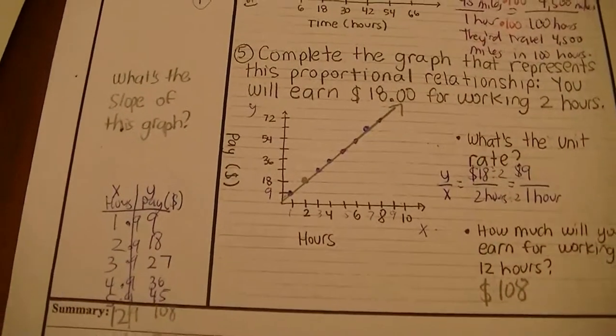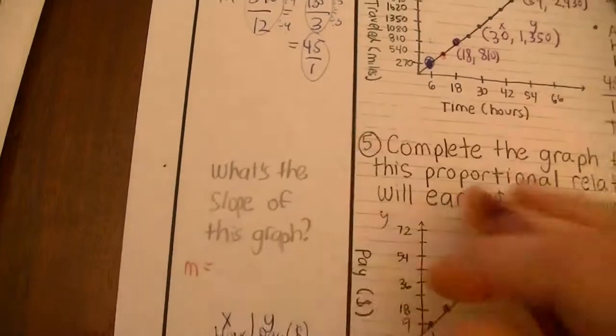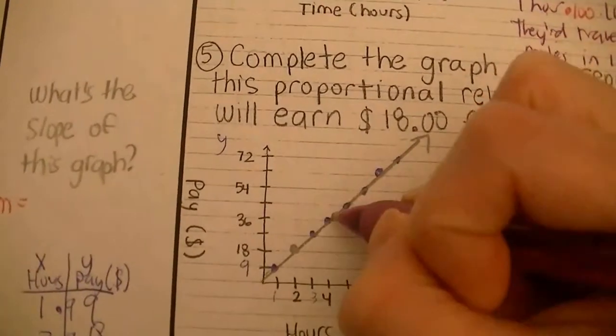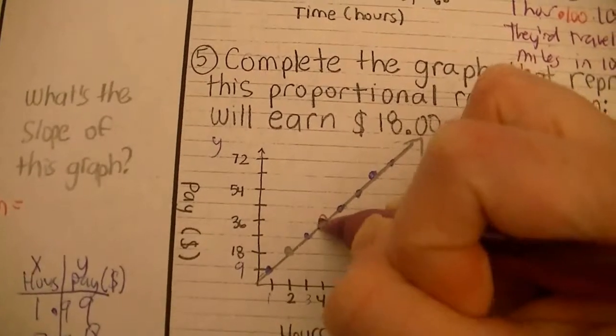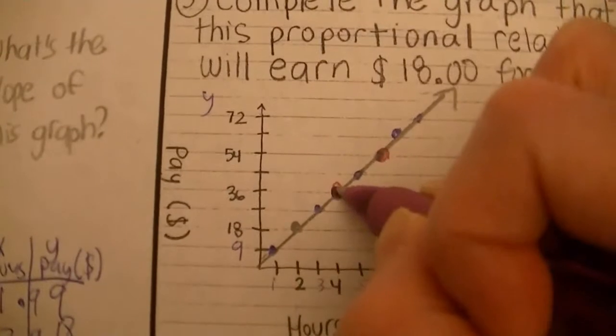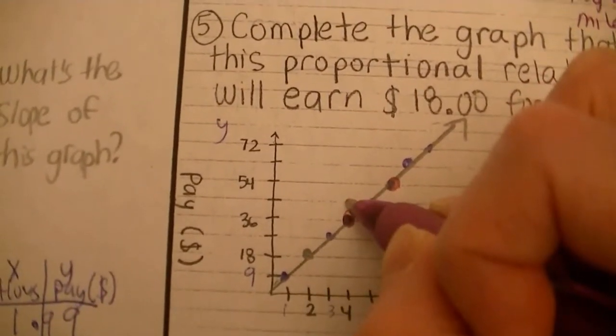So real quick, let's go ahead and find the slope of this graph and represent slope in math. So let's go from this dot to this dot. Okay, it doesn't matter which two you pick. So I'm going to start here. I'm going to go up. That's what, 9. Up 9 more.